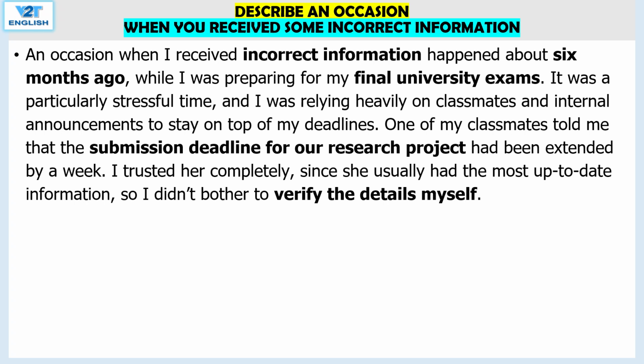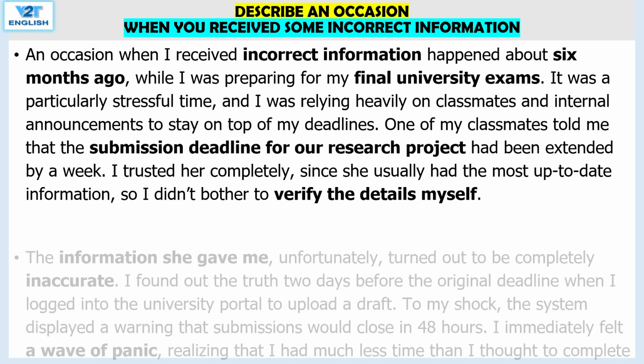One of my classmates told me that the submission deadline for our research project had been extended by a week. I trusted her completely, since she usually had the most up-to-date information, so I didn't bother to verify the details myself.